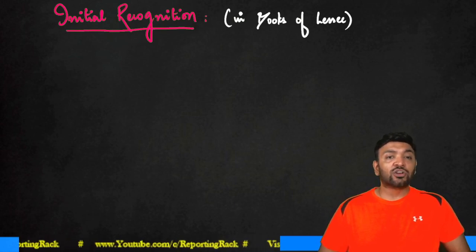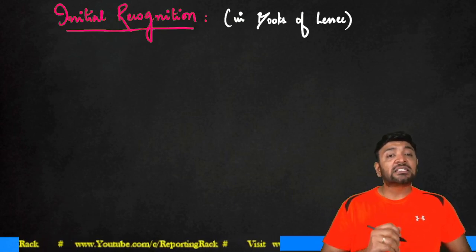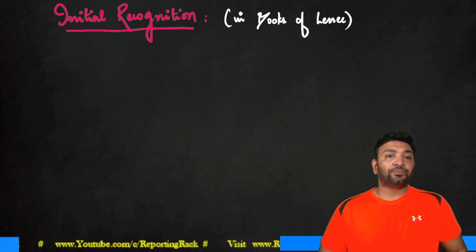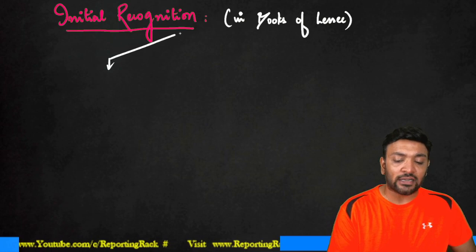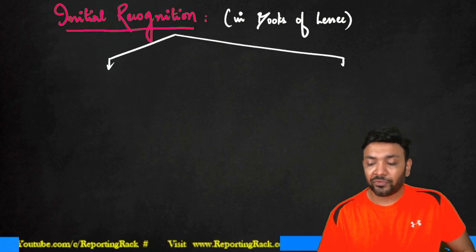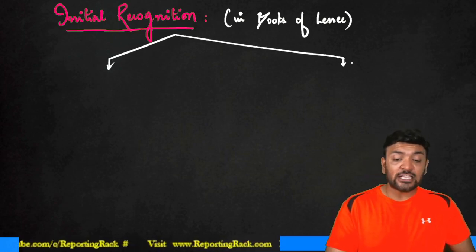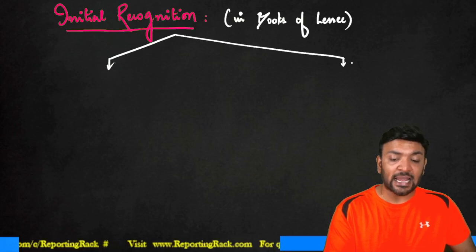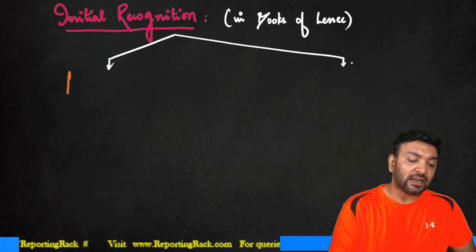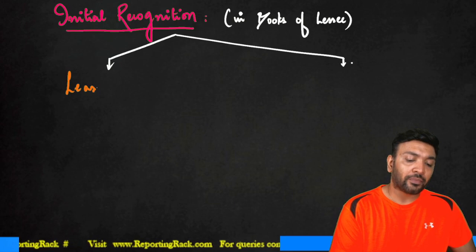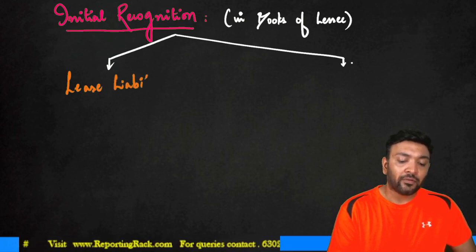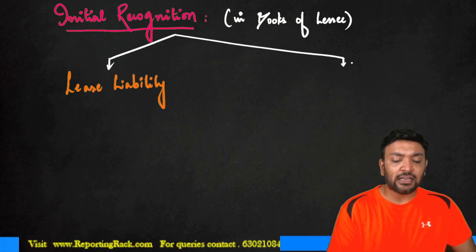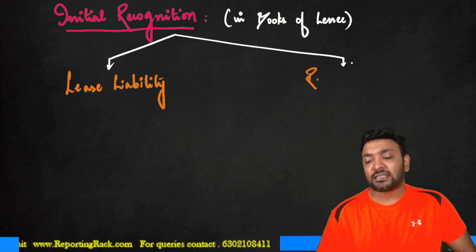Initial recognition in the books of lessee, I will start recognizing two items. My initial recognition is particularly with respect to two items. The first one is called a lease liability. That is the first recognition. The second recognition is for an ROU asset.